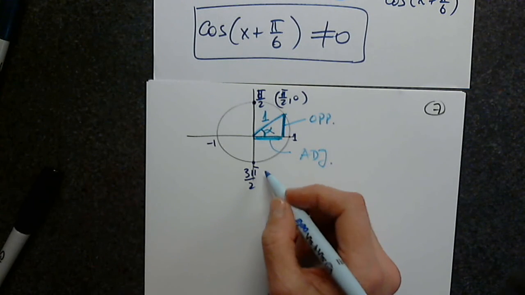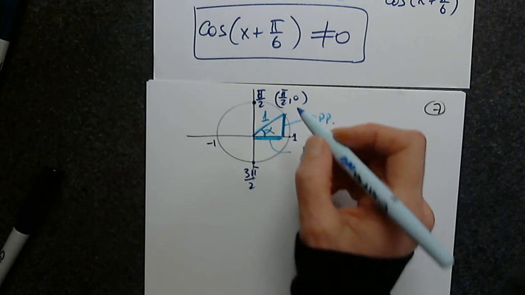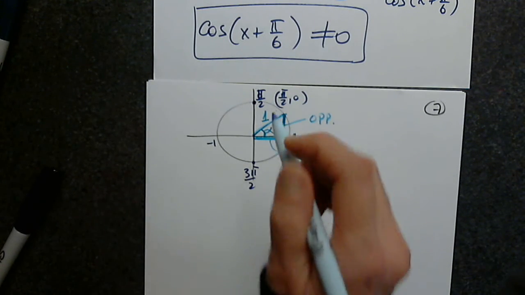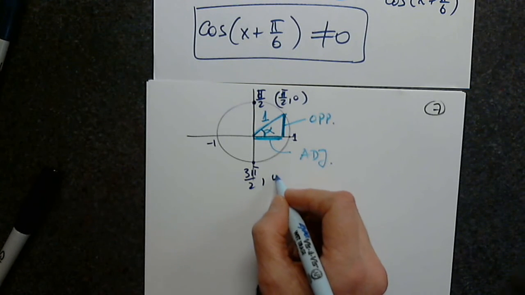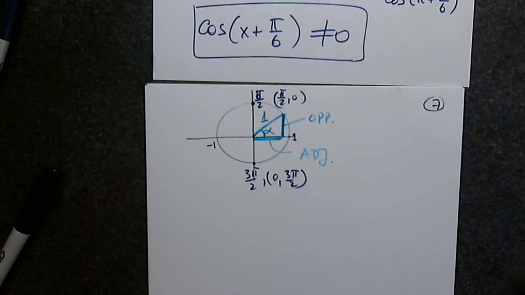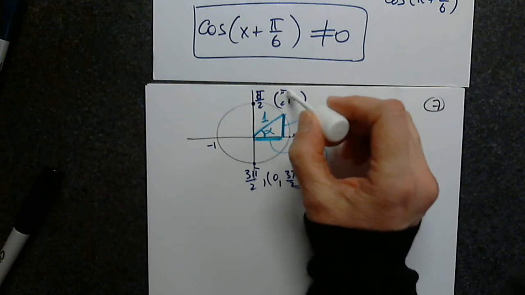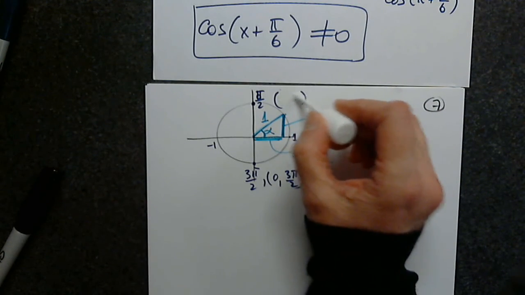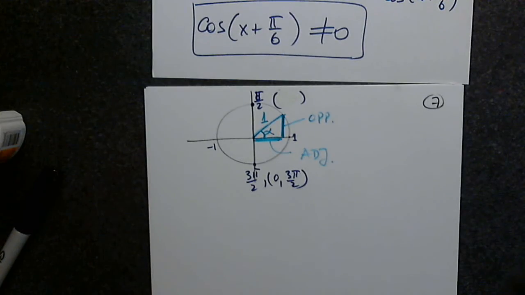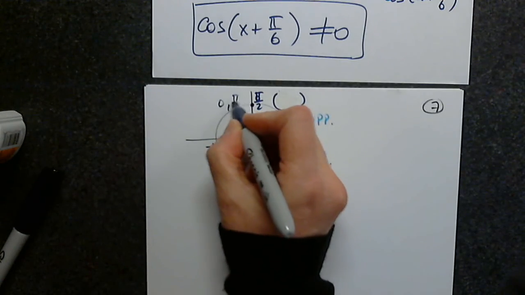I meant 0 for x, y is pi over 2. But this is not what I'm interested in, actually.